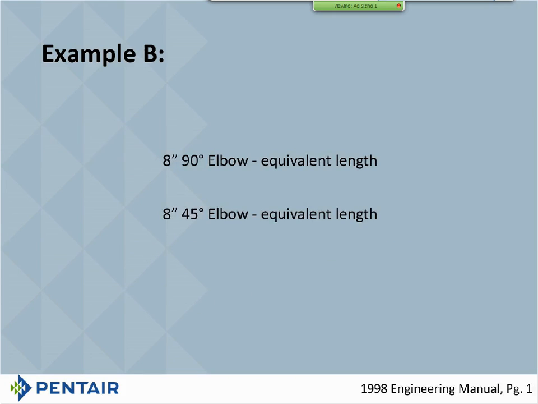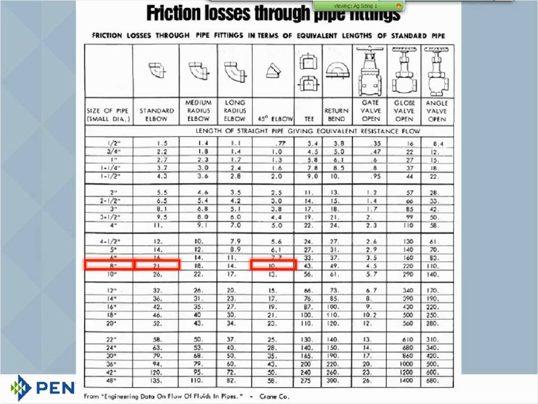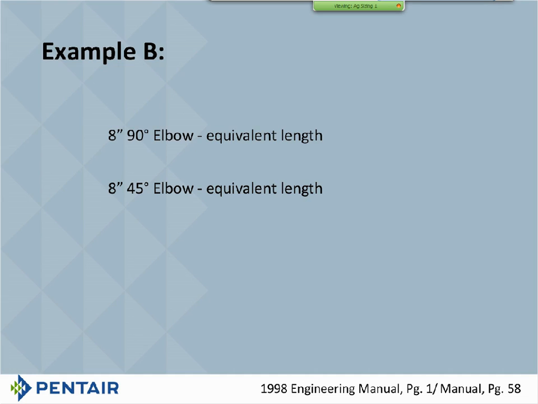However, because we're using an 8-inch elbow and an 8-inch 45, if we go here and look at these, we see that that 8-inch elbow is going to be 21 feet, and that 8-inch 45 is going to be 10 feet. So now if we add all our equivalent length of pipe together, we wind up with a total of 5,031. So we went up a little bit from 5,024 to 5,031 in total length of pipe, but let's see how that 8-inch pipe is going to affect our system.